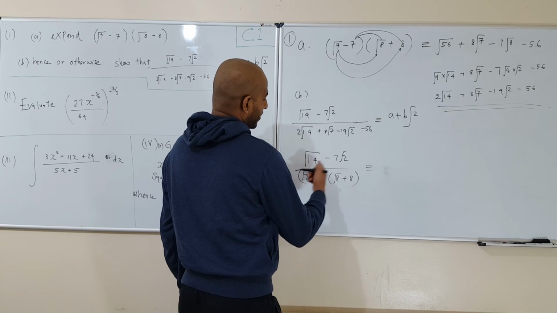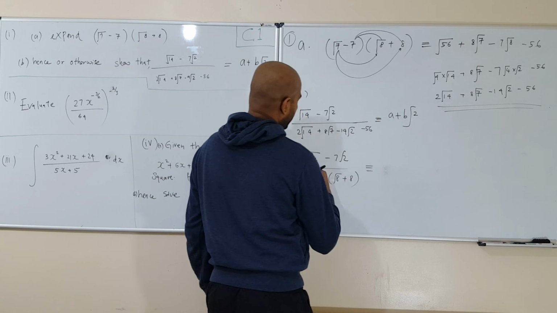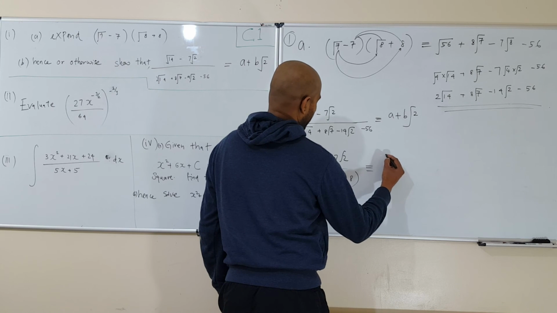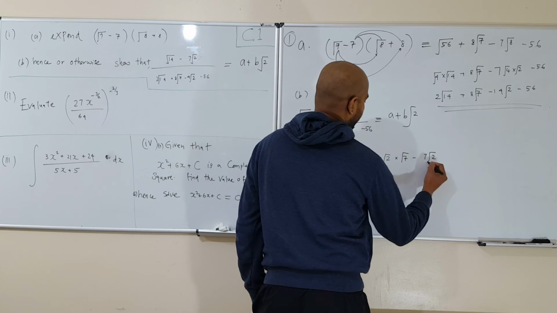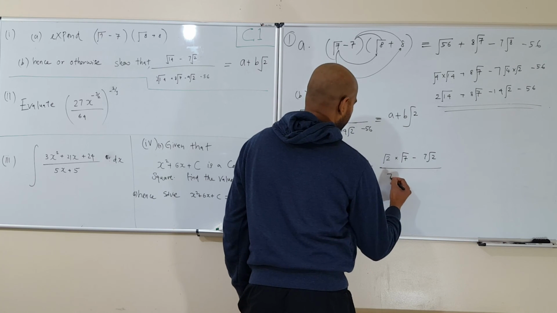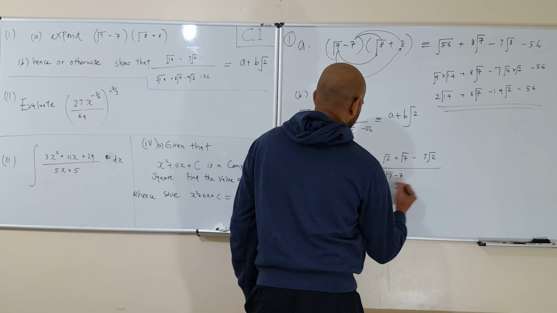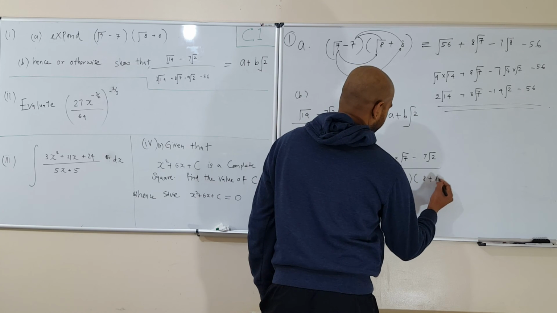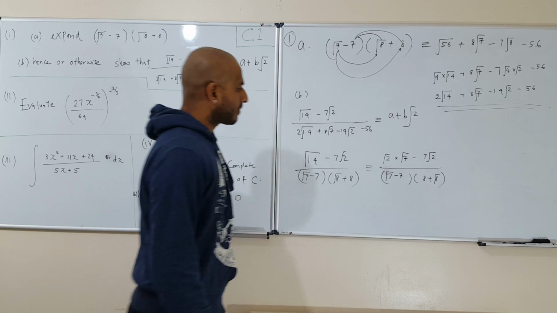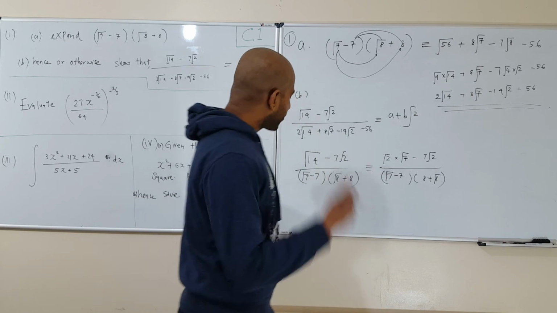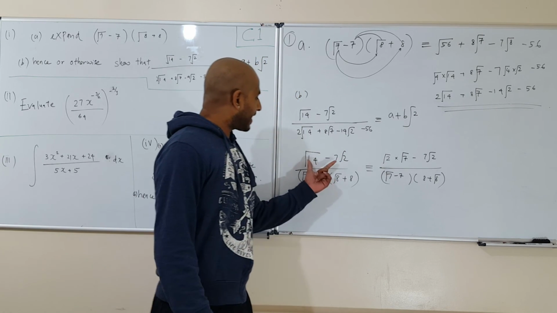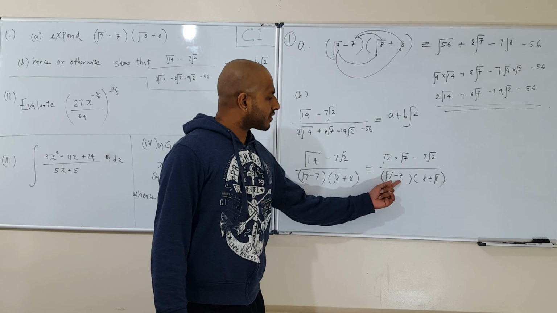Root 2 on the top is a common factor, because root 14 can be written as root 2 times root 7. So we have root 2 times root 7 minus 7, divided by root 7 minus 7 times 8 plus root 8. The reason I could see that is that it can be written like root 7 minus 7.